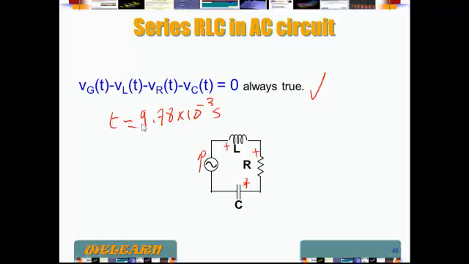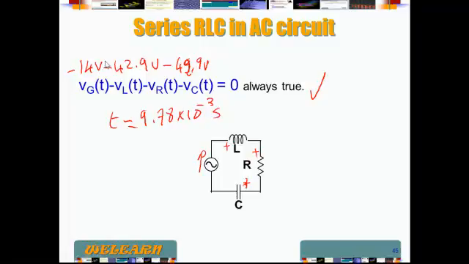For that particular time, we found VL to be equal to 42.9 volts, VR also equal to 42.9 volts, and VG we found to be minus 14 volts.